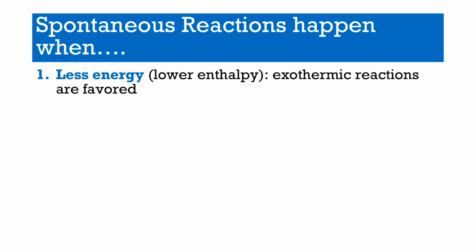A spontaneous reaction happens when, one, there is less energy, so lower enthalpy. Remember, enthalpy is that delta H value that we talked about, and we wrote it with a giant H because that essentially just meant heat. Exothermic reactions are favored because the products have less energy.